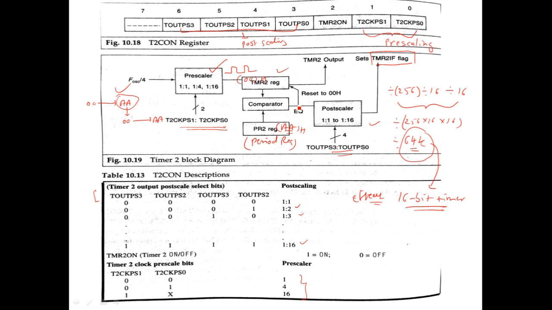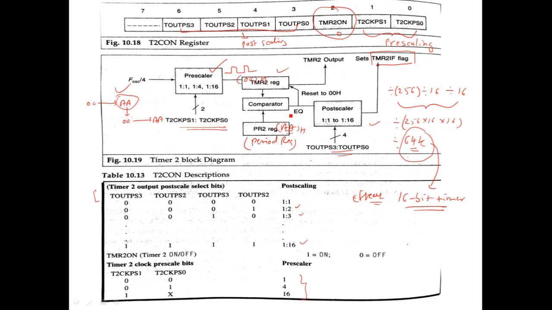Once again you can see that there is a timer 2 on bit, with the same function as the timer 1 on bit. If you don't want to use this timer in your application, you can keep it off. If you make this bit 0, then this section will remain off, so it will not consume power.